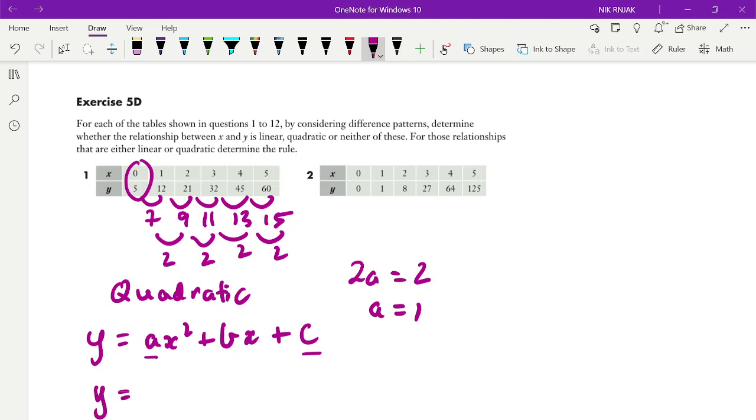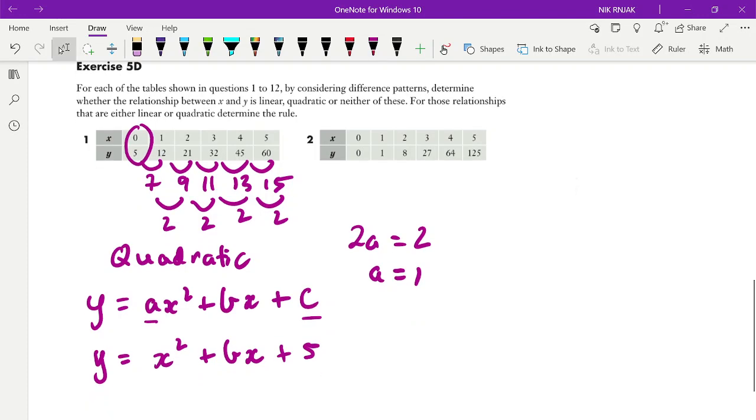y equals 1x squared, or just x squared, plus bx plus 5. And now to find my b value, I'm just going to substitute any point from the table. So for example, if I pick the second one here, x equals 1, y equals 12. So 12 is equal to 1 squared plus 1 times b, which is just b, plus 5.